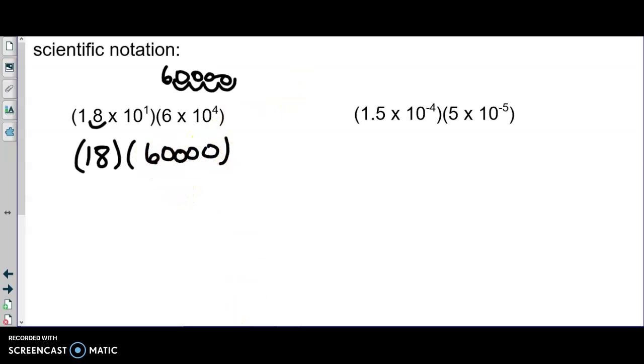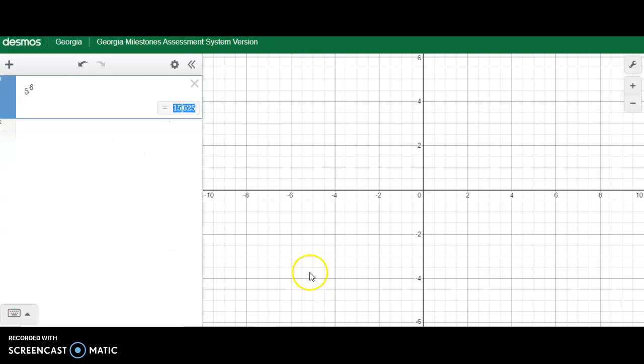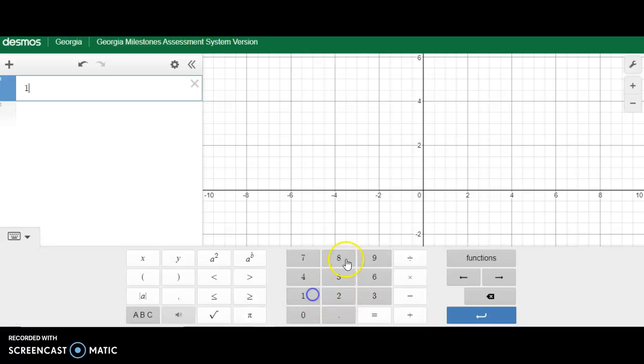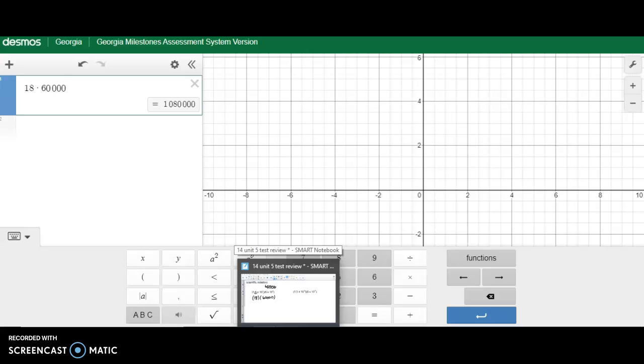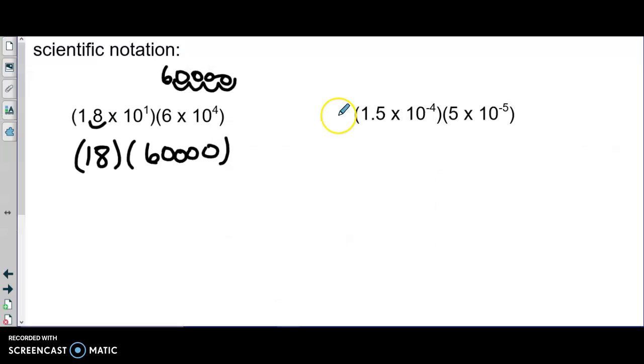And then I could multiply 18 times 60,000. And this would be my answer in standard form, 1,080,000. Yeah, okay. I feel like I'm saying that wrong. That's a weird number to pronounce. So that's my answer in standard form, but it's going to want your answer in scientific notation.